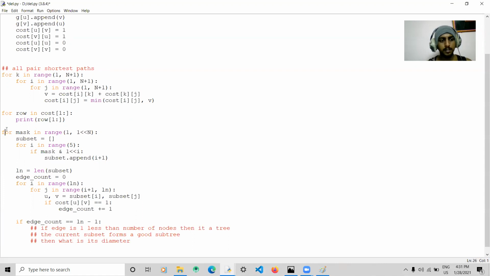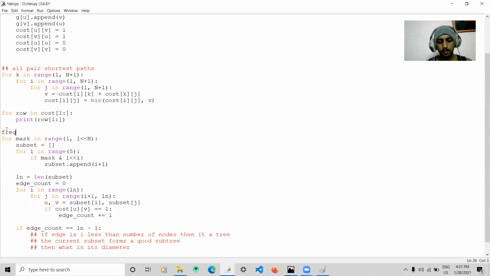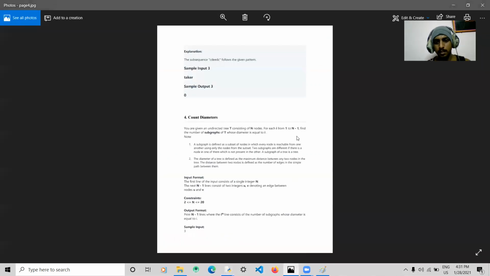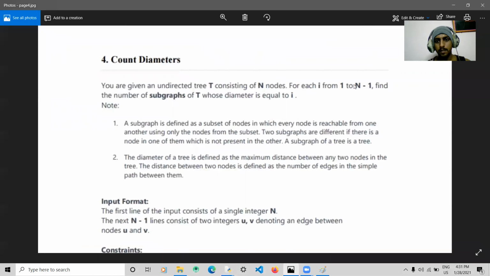We were storing the frequency of all diameters from 1 to n minus 1. That's what the question asks. Here you can see frequency of 1 to n minus 1.